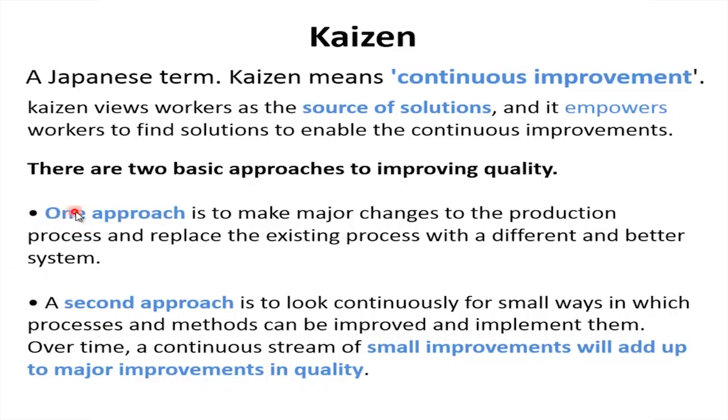In the first approach, let's talk about completely replacing the existing process. Let's say the production process has a certain number of activities involved, and those activities have to be fully changed.